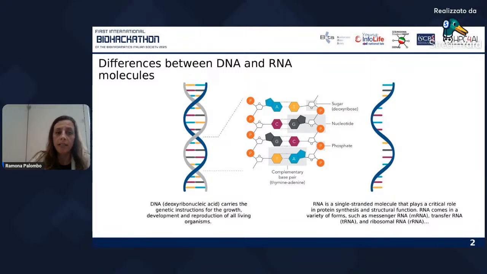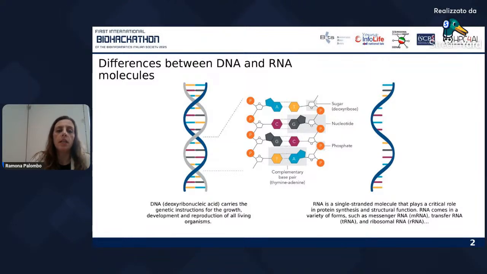DNA is a helix, a double-strand helix, and so we have two strands that are one complementary to the other, and the structure of the DNA relies on the phosphate group and the sugar, and we have also nitrogen bases that are different from the sugar and the nitrogen base that we can find in the RNA molecules.